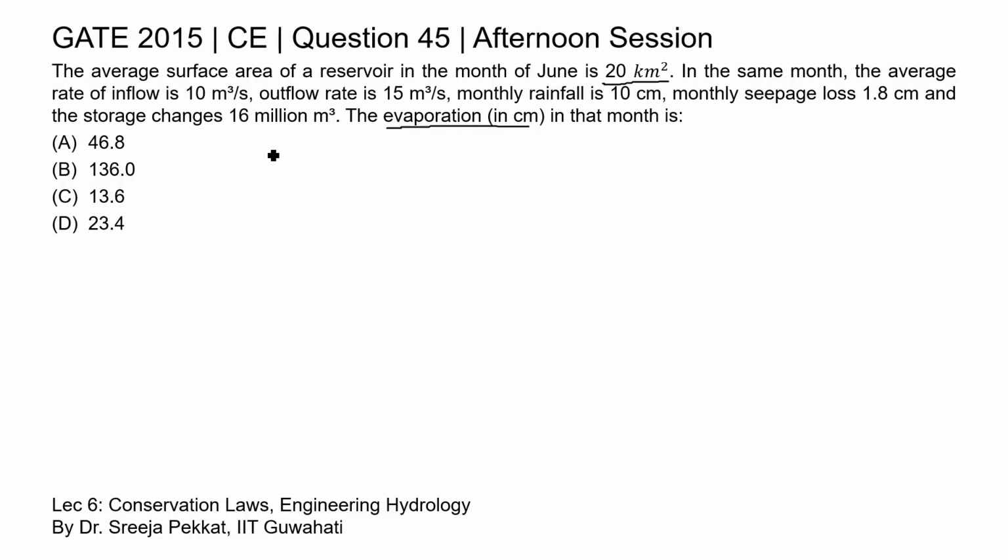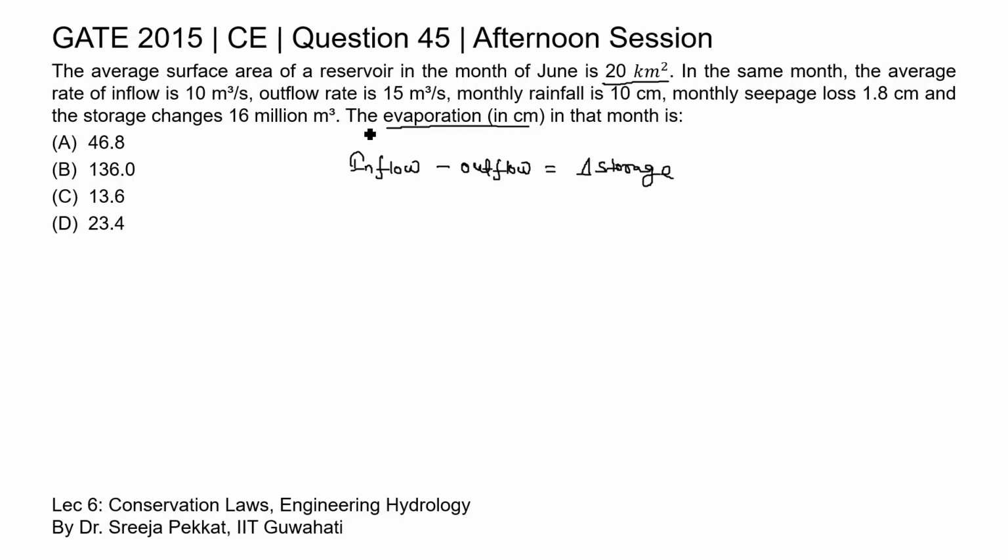So, we know from the water budget equation, inflow minus outflow is equal to the change in storage. So, first we find the total inflow, and then the total outflow, and the storage is given. By putting all the components in this equation, we can get the evaporation.